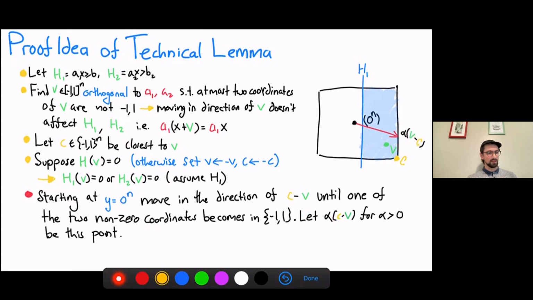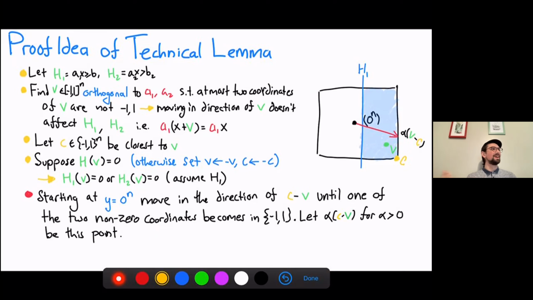So we let alpha be this point. We started at 0, walked in the direction of C minus V, and walked for some alpha steps, where alpha is some rational, until we hit this side. So alpha times C minus V is the minimum alpha such that C minus V has one non-0, 1 point.